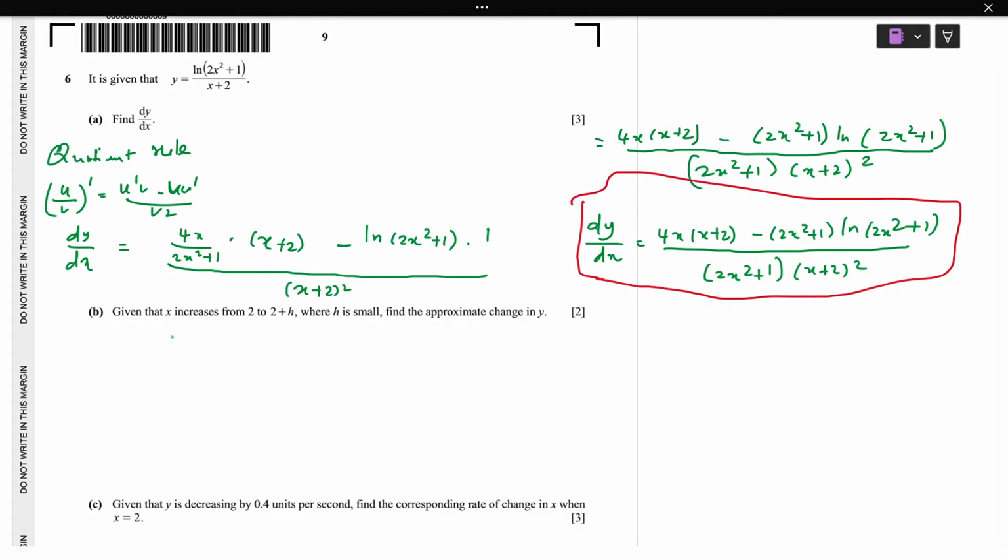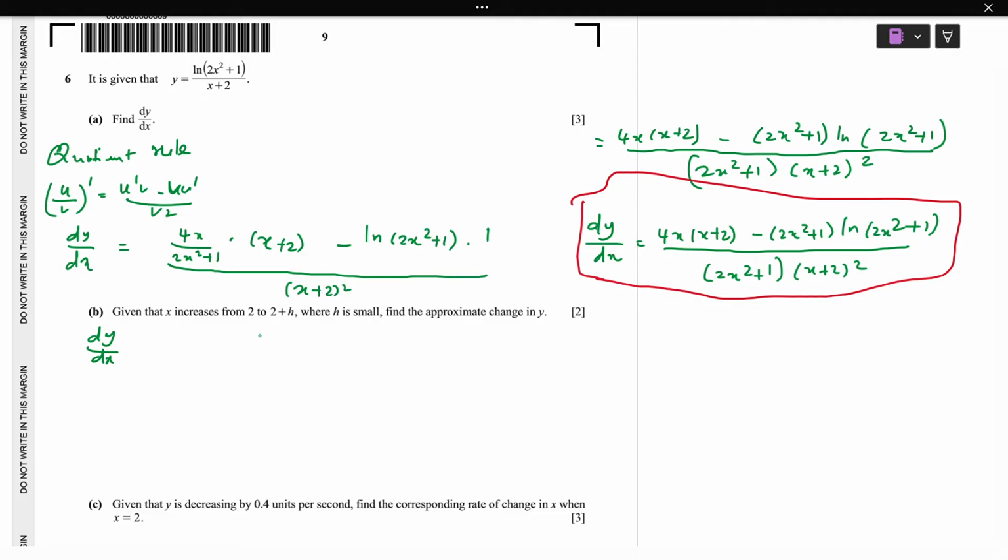Given that x increases from 2 to 2 plus h, where h is small, find the approximate change of y.